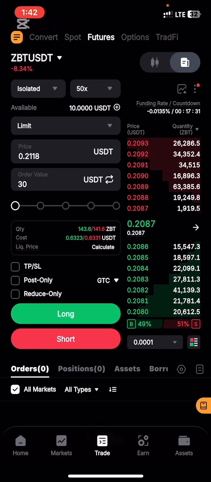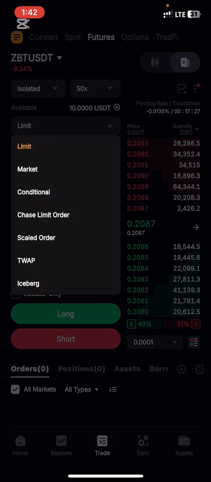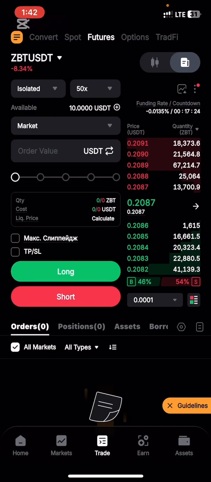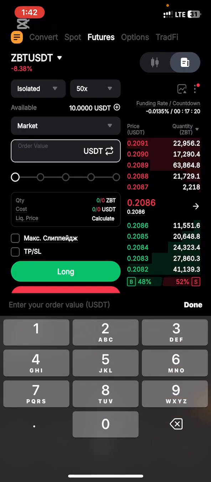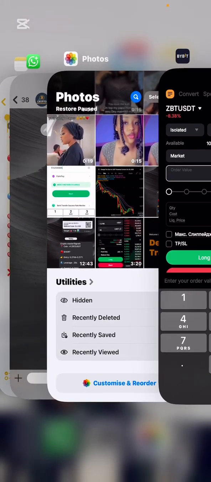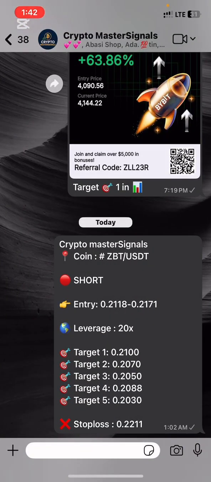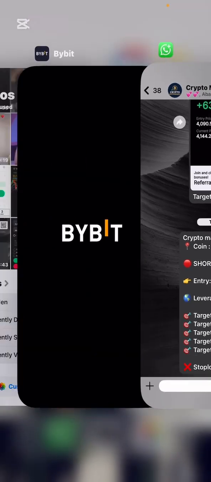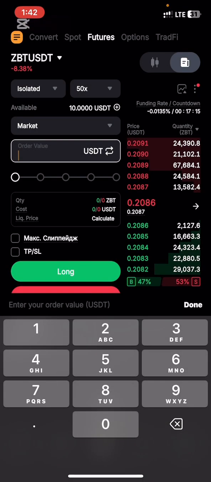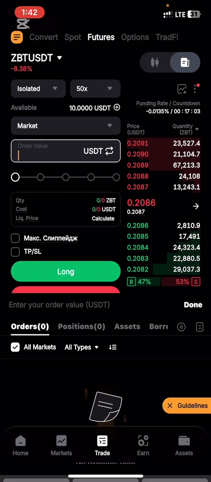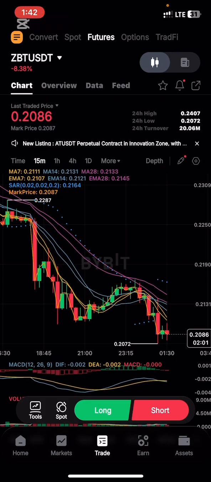Okay, let's go to the market so you understand perfectly. The signal drop is not yet the market entering price, but I will just enter the market so you can see how to set up your stop loss, your take profit, and all you have to do in the trade.